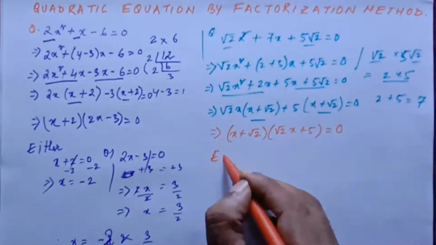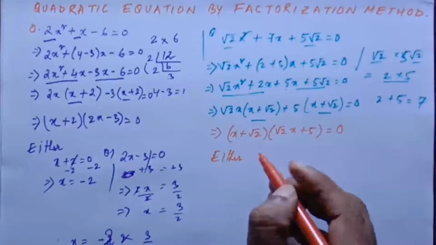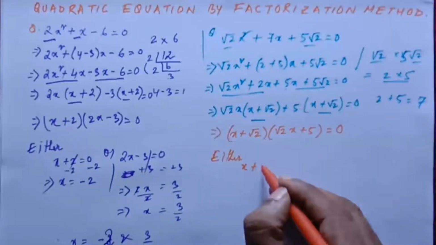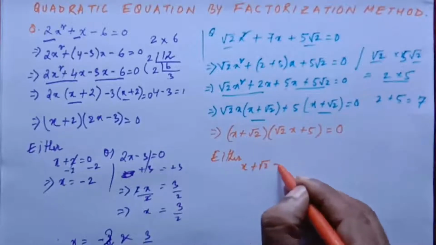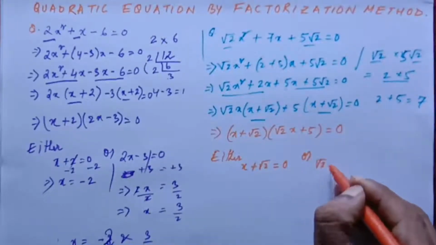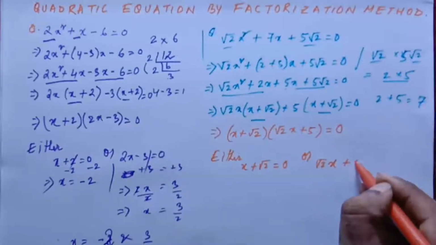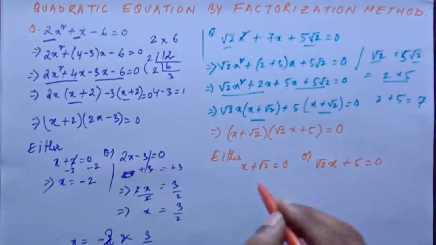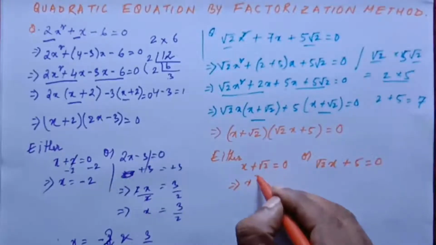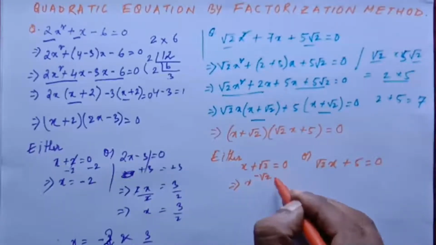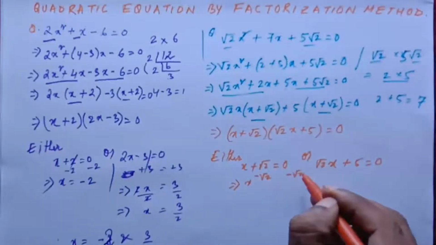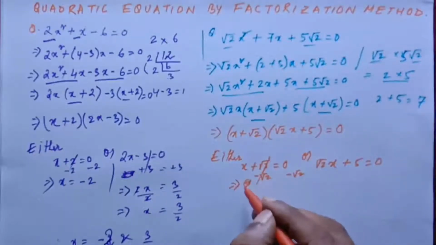So either x plus root 2 is 0 or root 2x plus 5 is 0. So what we can do here is subtract root 2 from the left side, and on the right hand side also do the same thing. So this gets cancelled.